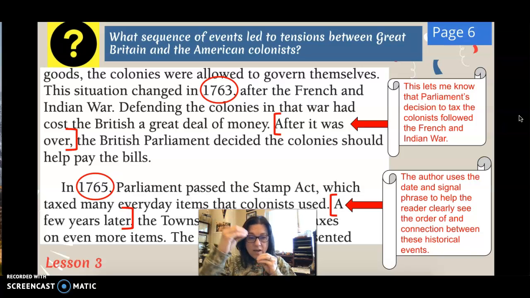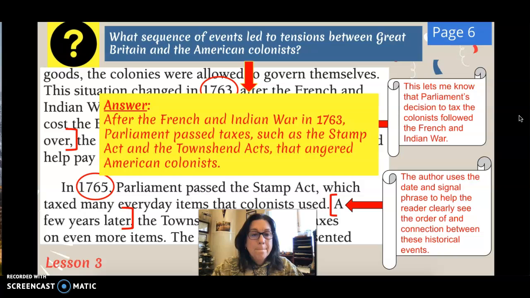So they're showing the connection between the two. Your answer to our question is that after the French and Indian War in 1763, Parliament passed taxes such as the Stamp Act and the Townshend Acts, and of course we know that that angered the American colonists.